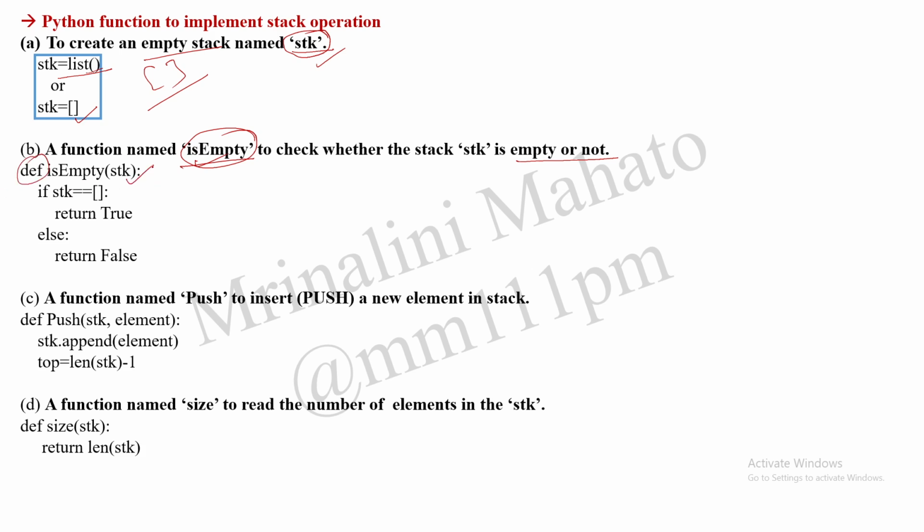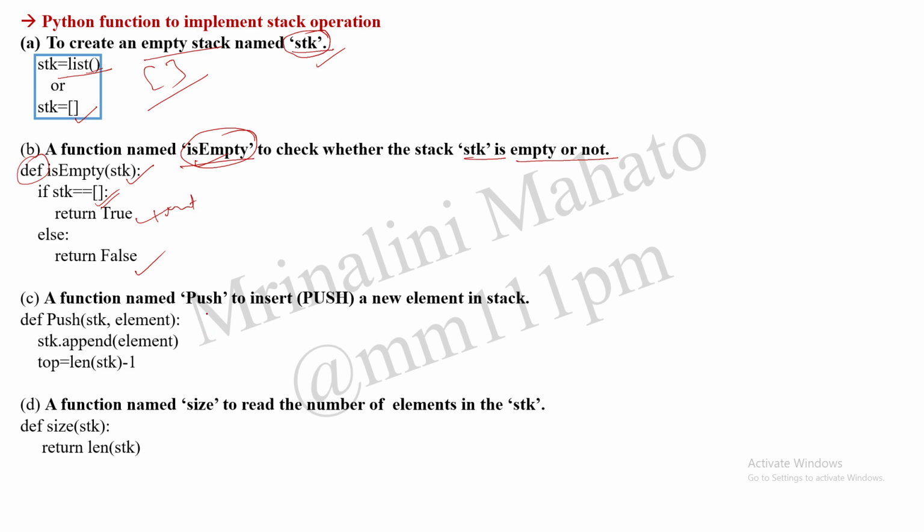Define is empty, stk, because the stack name has been given. Now if stack equals empty list, then return true, else return false. So like this we can check whether our stack is empty or not. Otherwise, in place of return true, you can use a print command also: print stack is empty. Like this also you can write it.